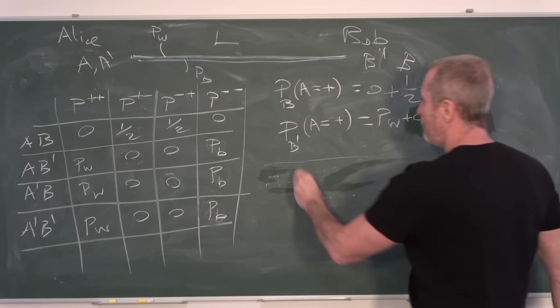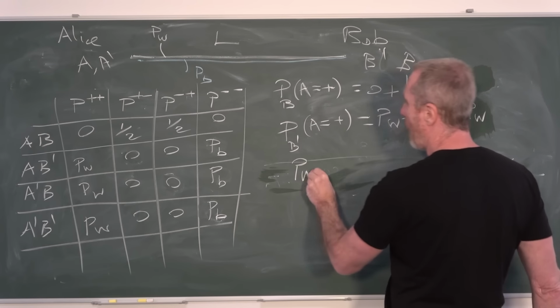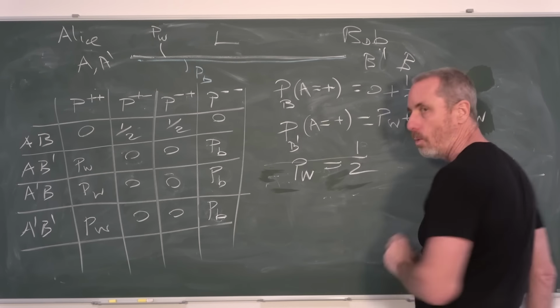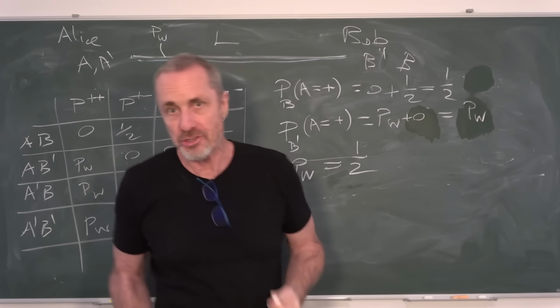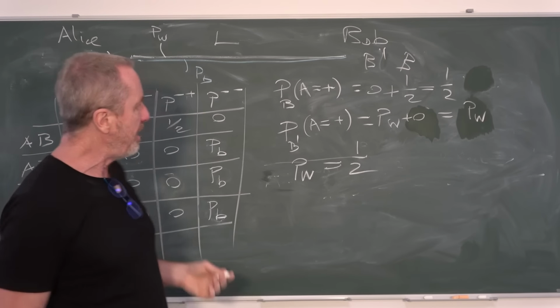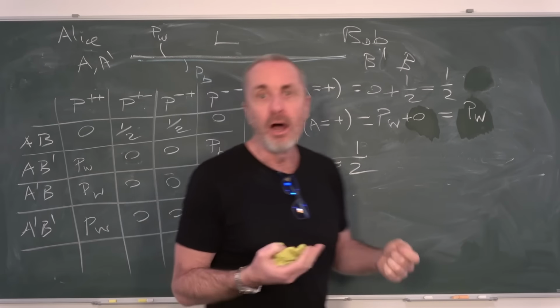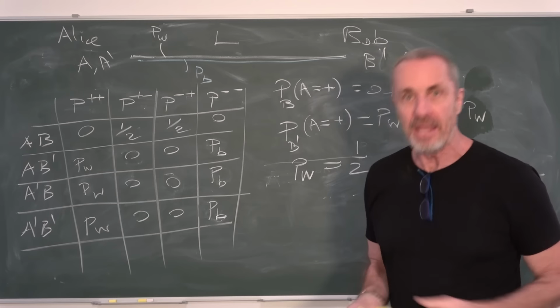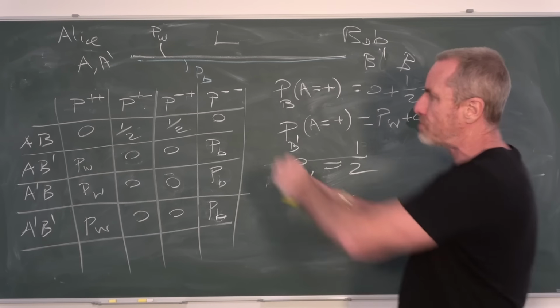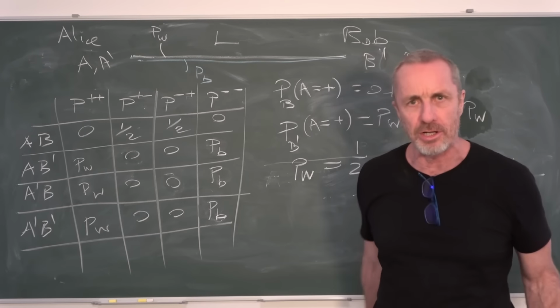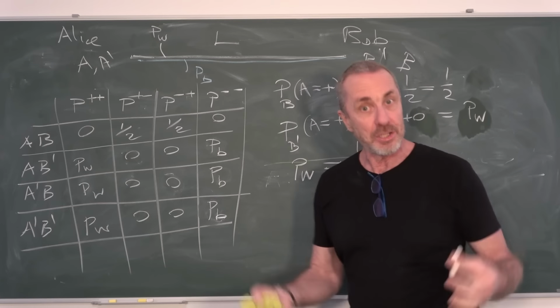And now, of course, if P white is exactly equal to 1/2, which is a choice I can make, then my model perfectly obeys the marginal laws. In this situation, one can check that all the other marginal laws are obeyed as well.